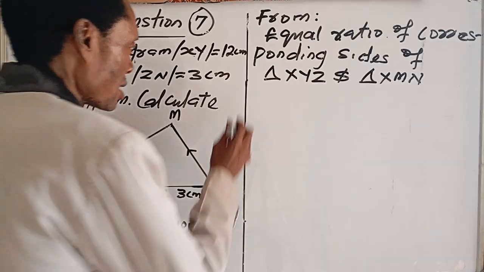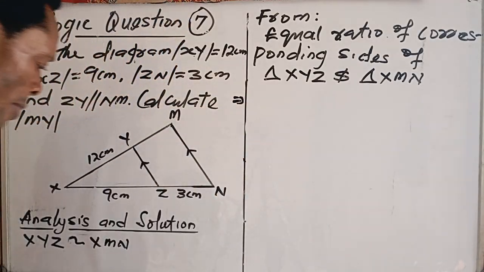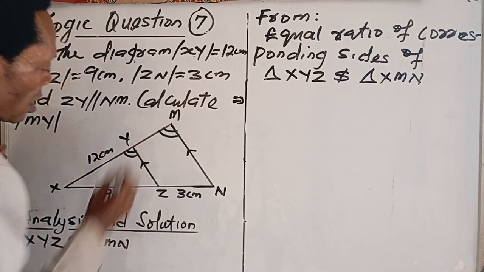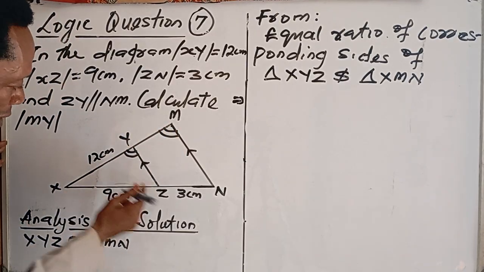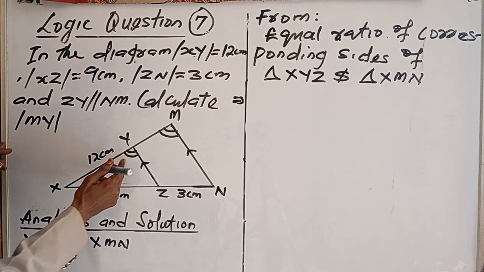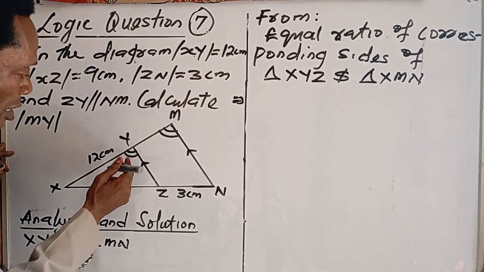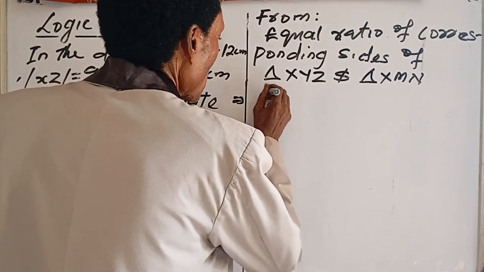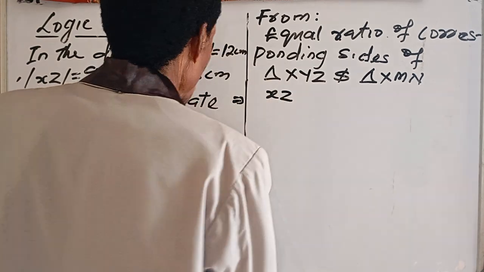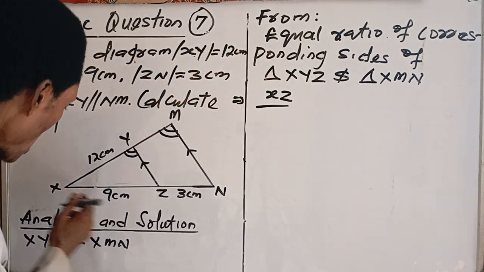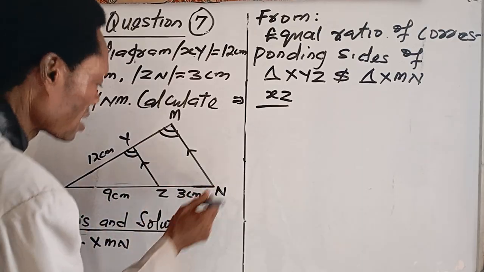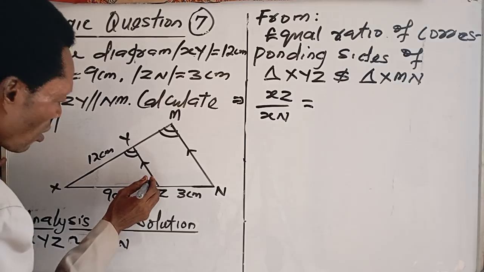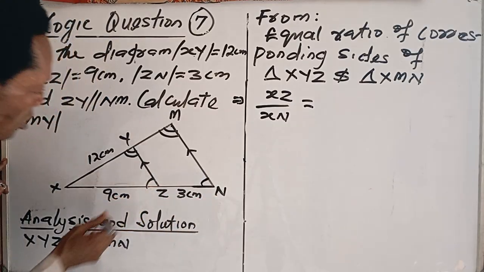What do I mean by this? It means that the side facing this angle over the side facing this angle. So that is XZ over XN.